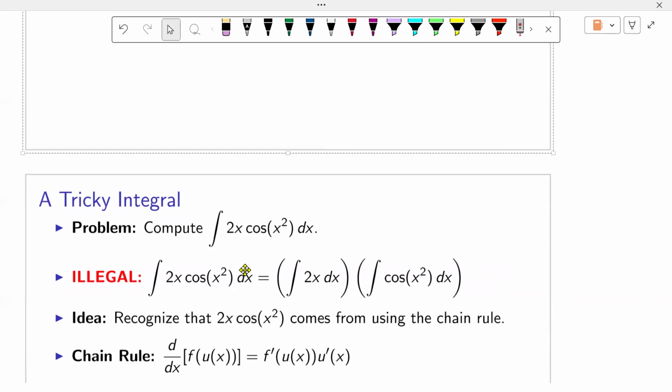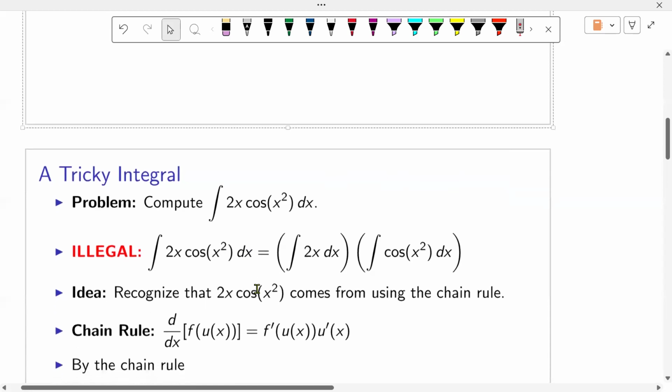Doing integrals is just incredibly difficult in general. There isn't any good way to compute integrals that works all the time. And so what we learn is a series of techniques that work for some integrals, but not others. The technique I'm going to introduce you to today is called substitution. And it's basically based on the chain rule.